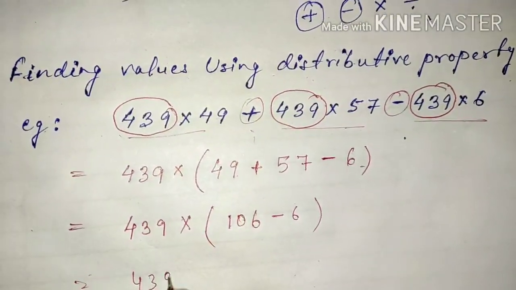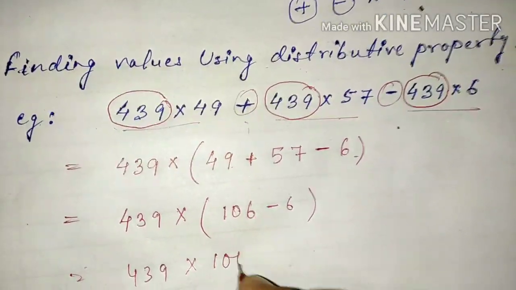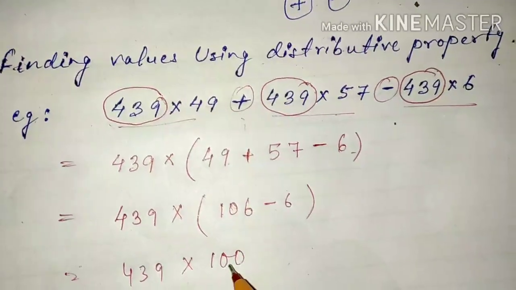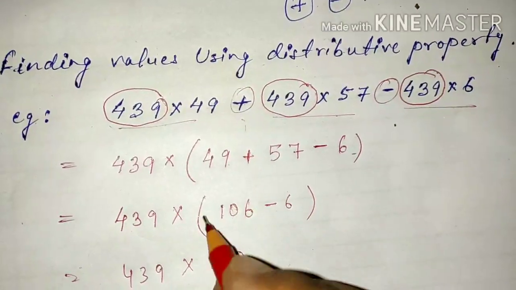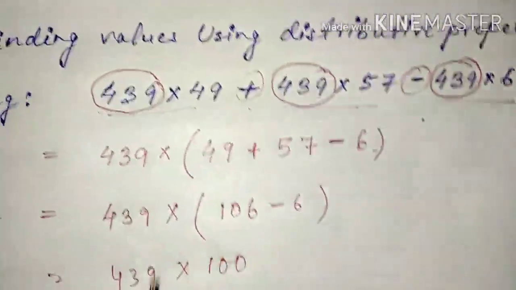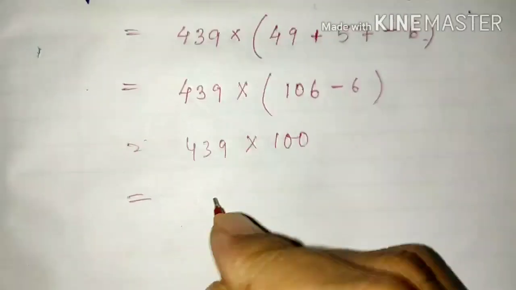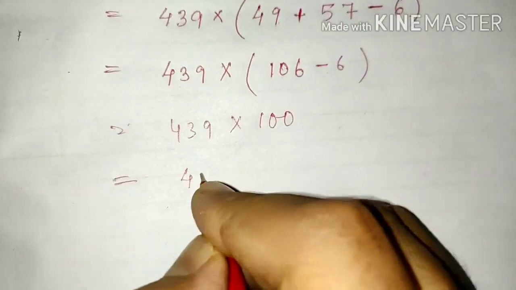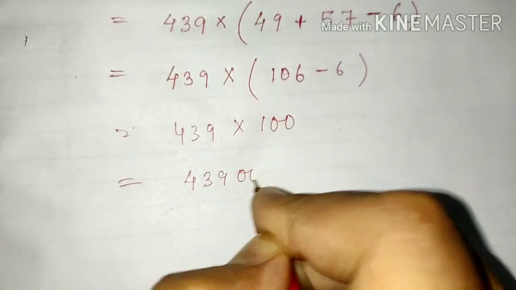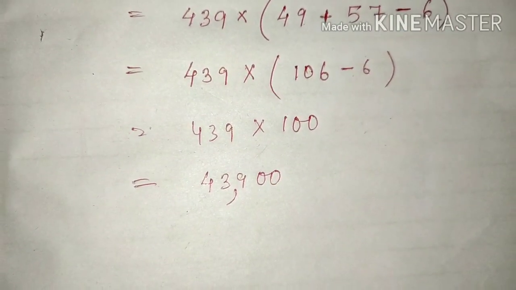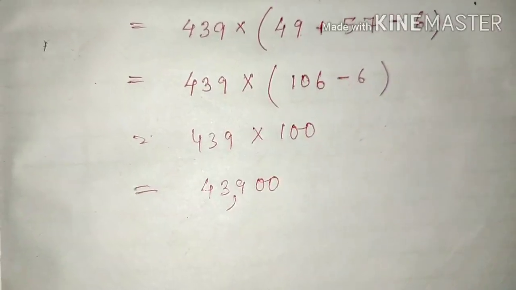So 439 multiplied with 100. 106 minus 6 will give you 100, and as you have solved it completely, there is no need of the bracket now. And multiplication of this is very simple. 439 multiplied with 100 will give you 43,900. And you can use this method to solve different questions.